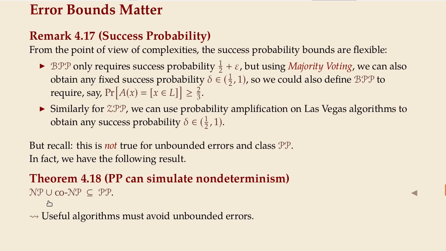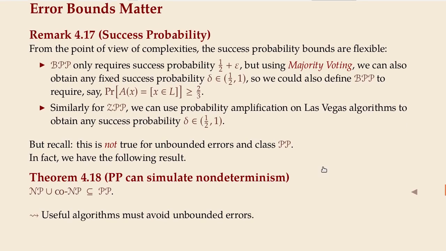This is a very mighty class, and the option to have such a weak bound on the success probability allows you to essentially simulate all kinds of non-deterministic computations, which in turn also means that an algorithm with an unbounded error, in the Monte Carlo sense, is not helpful in any way. It's as good as a non-deterministic Turing machine, which we also can't use efficiently in practice. And, well, the proof we will do next time.